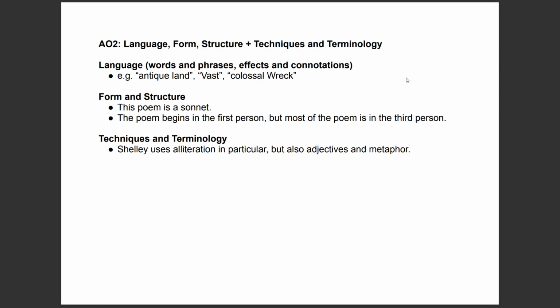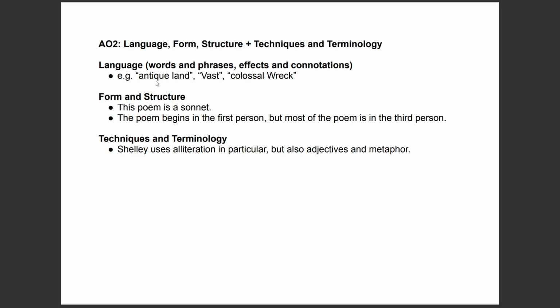Okay, so AO2, language, form, and structure, plus techniques and terminology. So language, remember from the introduction videos, words and phrases, and then you have to talk about the effects and connotations. So this means thoughts and feelings and images that come to your mind and or heart when you read these words and phrases. This means alternative connotations.